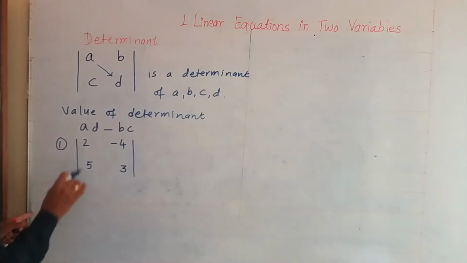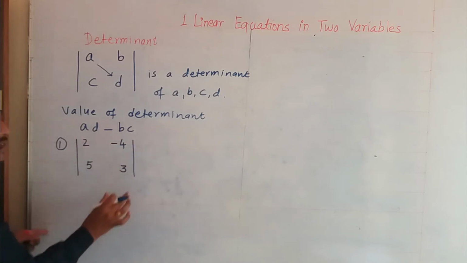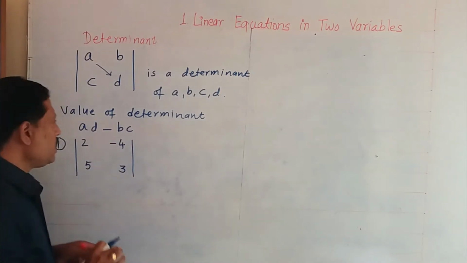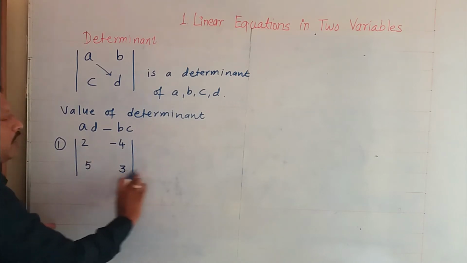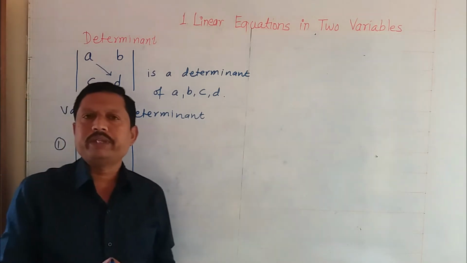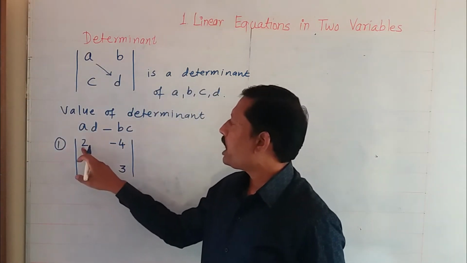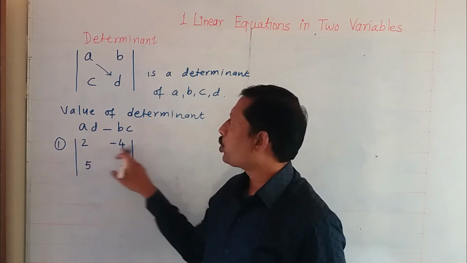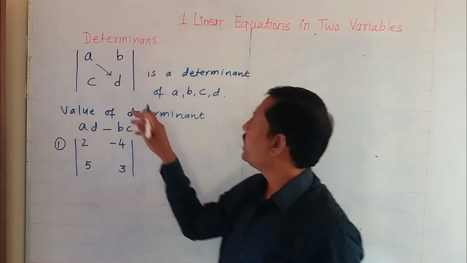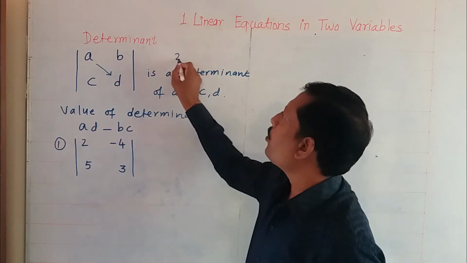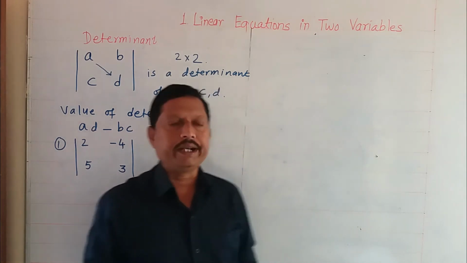In this determinant, 2 and 5, as well as minus 4 and 3, are called the columns, and 2 and minus 4, 5 and 3 are called the rows. There are two columns and two rows, hence this is called a 2 by 2 determinant.